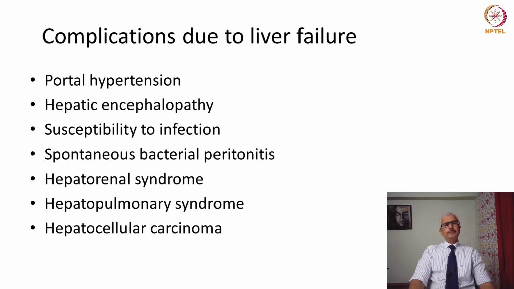Now, patients may also present with various complications due to liver failure, like portal hypertension, hepatic encephalopathy, susceptibility to infection, spontaneous bacterial peritonitis, hepatorenal syndrome, hepatopulmonary syndrome, and hepatocellular carcinoma. The hepatorenal syndrome is renal failure due to hepatic failure. Similarly, the hepatopulmonary syndrome is pulmonary failure due to hepatic failure.